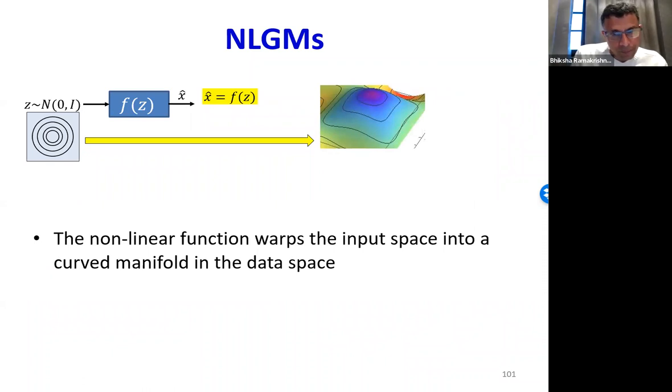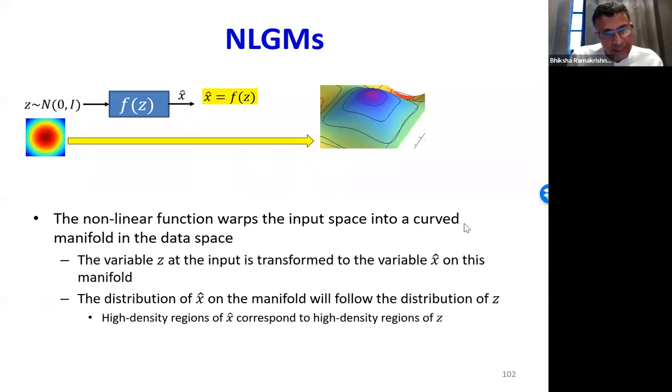We have a nonlinear function that's going to take an input planar manifold and warp it into a curved manifold in the data space. So if I have a variable z that has an isotropic distribution in the input space, this is going to result in some distribution on this curved manifold, where this distribution is going to follow the warped contours of the equal probability contours in the original space.